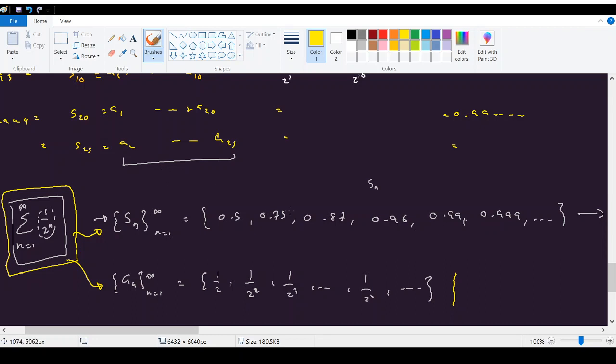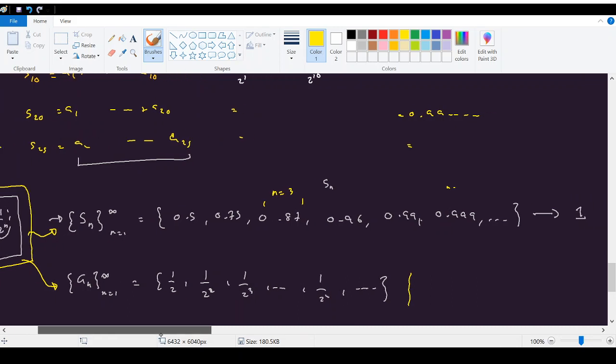Each position of this sequence represents the addition of the first that number of terms. That means if this is n equals 3, this third position represents the addition of the first 3 terms, and if this is the 10th position, that represents the addition of the first 10 terms. So these are the two sequences that we can extract from a given series.